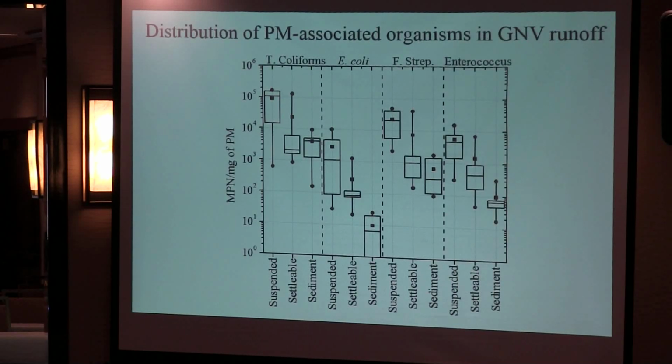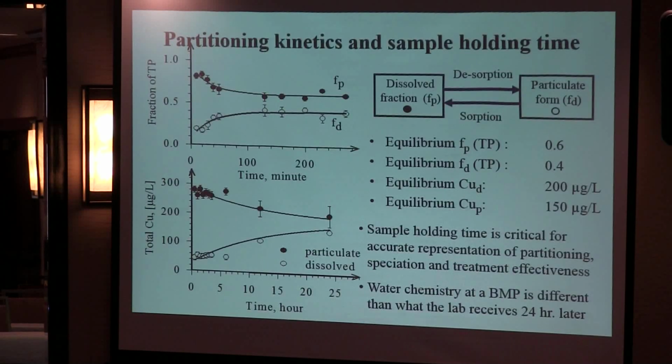In addition, for microorganisms in the urban environment, particles are home sweet home to these microorganisms. So in fact, control of particulate matter in the urban environment also means control of microorganisms in the urban environment.